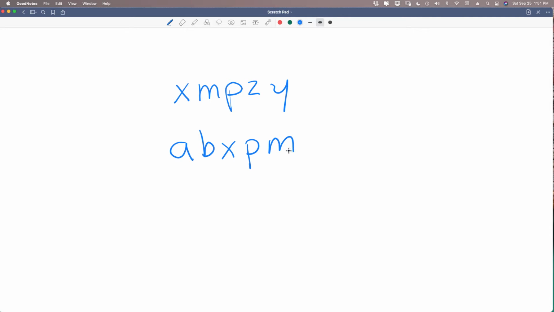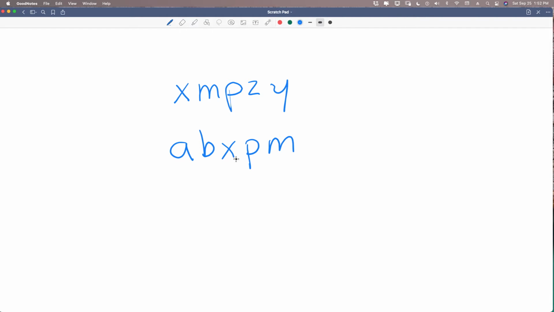So if we have two terms here, let's say we have x, m, p, z, y, and we have a, b, x, p, m. We know that when variables are next to each other, they are being multiplied. So by definition, these are all prime factors already.